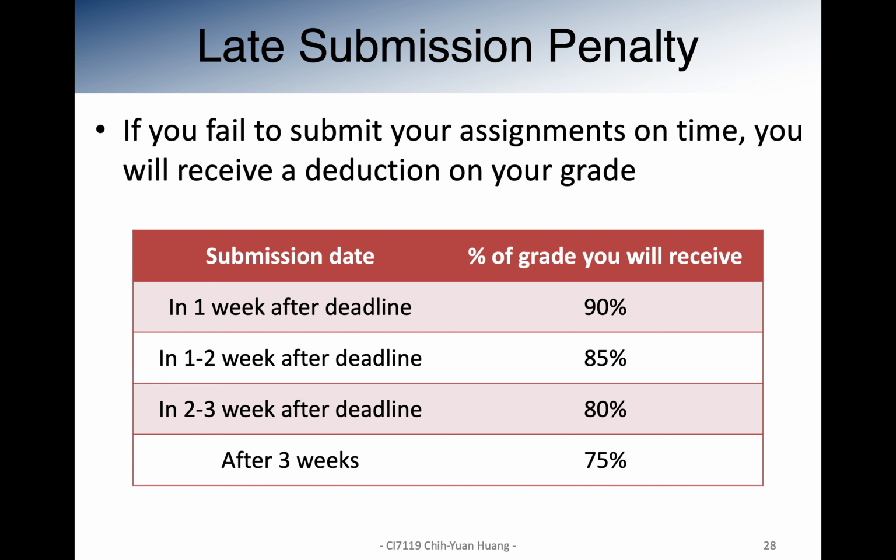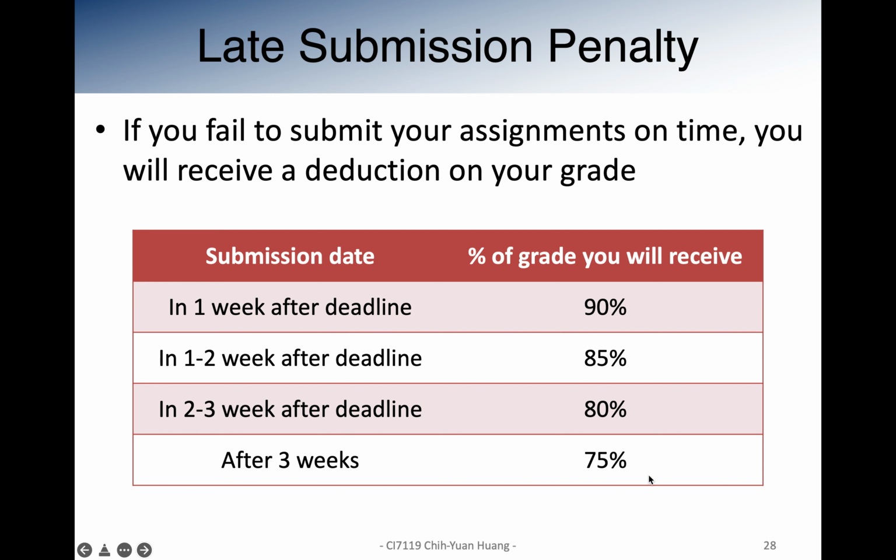If you submit your assignment on time, of course you get 100% of the grade. If you submit within 1 week after the deadline, the grade you receive will be multiplied by 90%. Between 1 and 2 weeks after the deadline, it will be multiplied by 85%, 2 to 3 weeks is 80%, and after 3 weeks it is 75%.